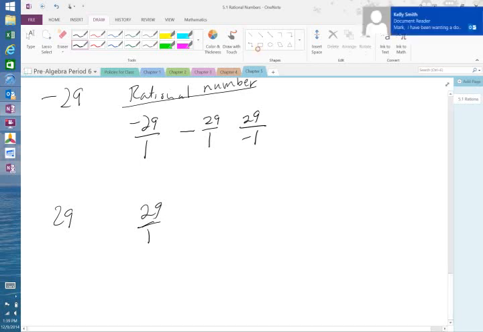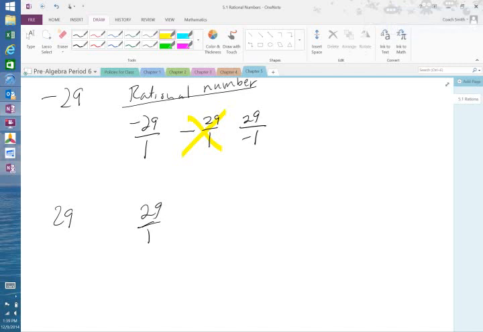Now, your book is not going to use that way, so I'm not going to require you to write it that way. But that is another efficient way you can write it. So the only way you've got to write it is negative 29 over 1 or 29 over negative 1. And that's how we write it as a rational number.